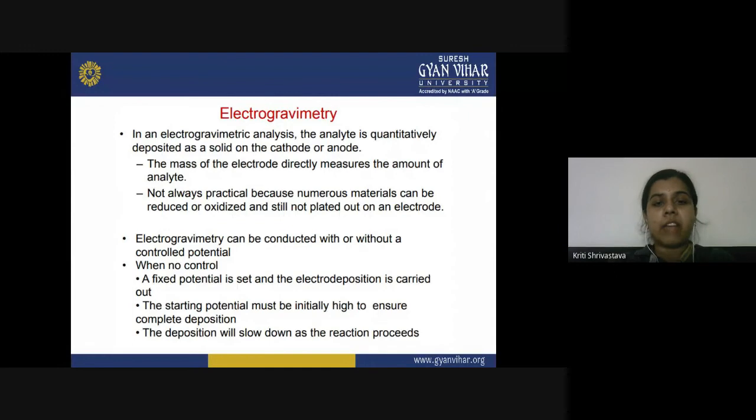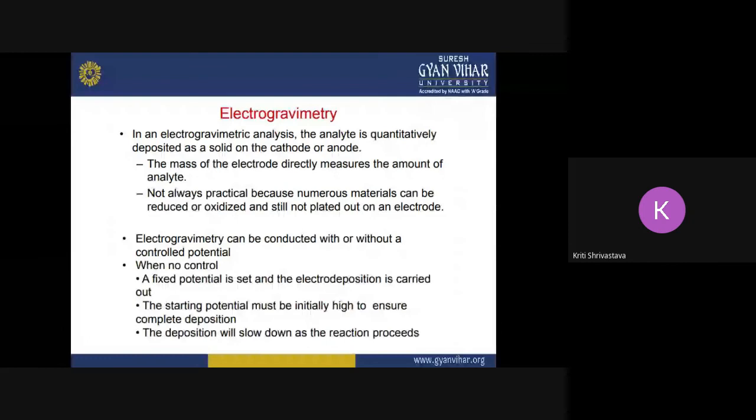So electrogravimetry can be conducted with or without a controlled potential. That depends upon the condition. You can make your potential constant, or it may not be constant. The only important thing here is your analyte should be completely deposited on the electrode surface.